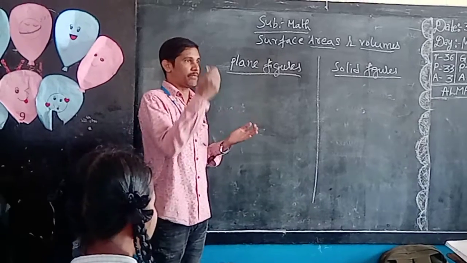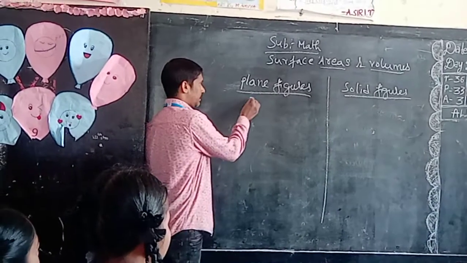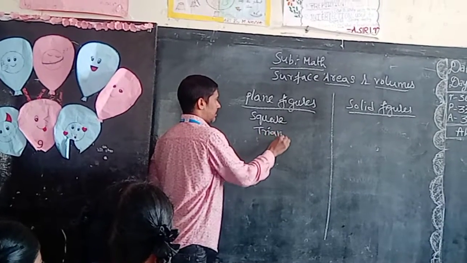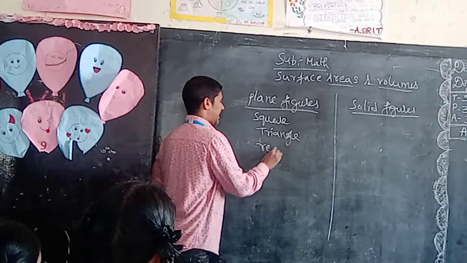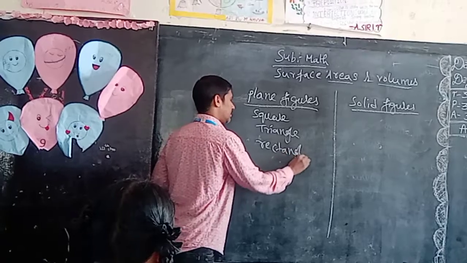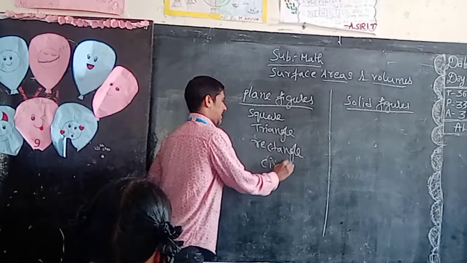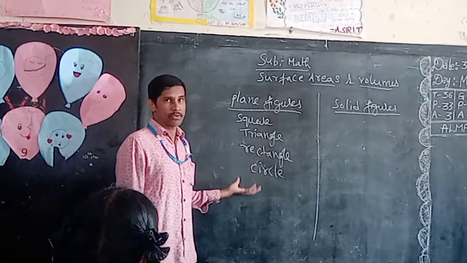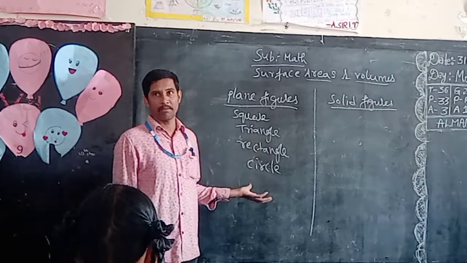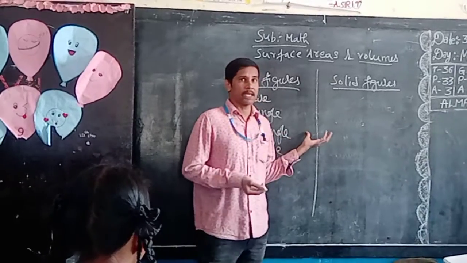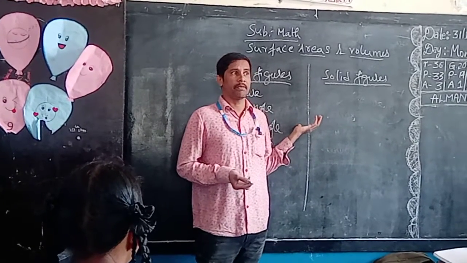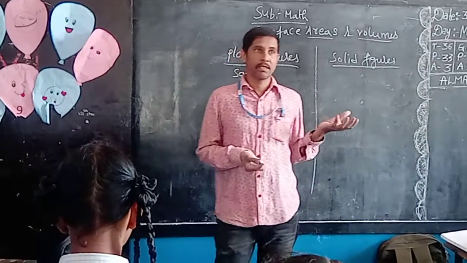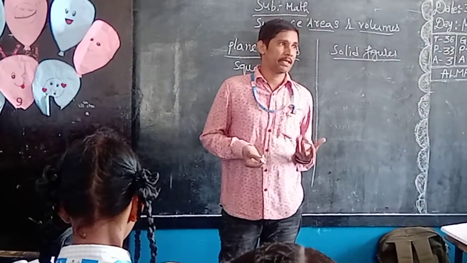Plane figures means flat surfaces: square, triangle, rectangle, hexagon. You can take circle. Generally we use circle very much. So many plane figures are there. In this chapter, we will mainly discuss solid figures, not plane figures. We will take different solid figures and find their areas and volumes.